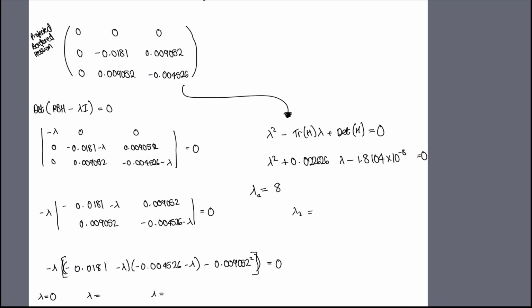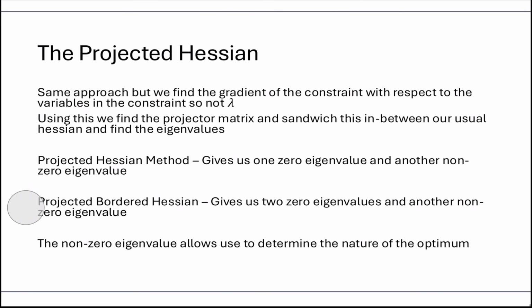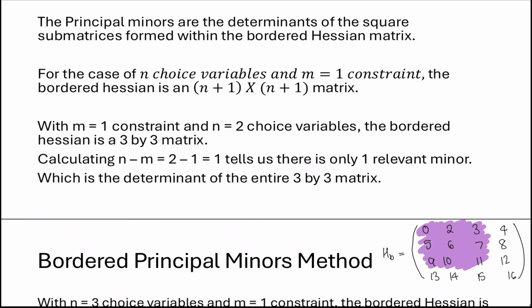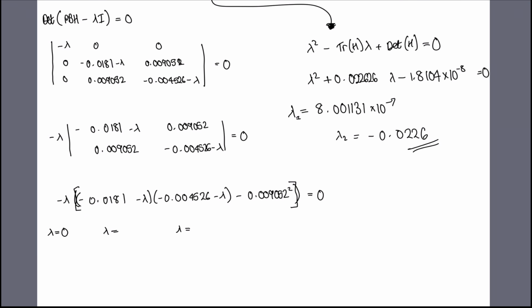And so you get your eigenvalues as 8.001131 times 10 to the minus 7, and then minus 0.0226. So as I mentioned before, when you have the projected bordered Hessian, it gives you two 0 eigenvalues and another non-zero eigenvalue. So in our example over here, we have this 0 eigenvalue.